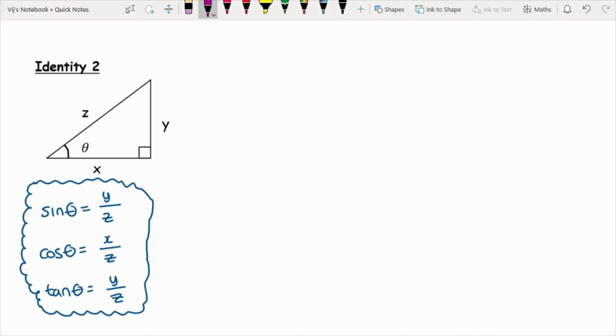Moving on to our second identity that we need to learn. I've just written down what those trig ratios are in relation to the triangle above. I'm going to see what we get when we use Pythagoras' theorem. From this we know that x squared plus y squared equals z squared.